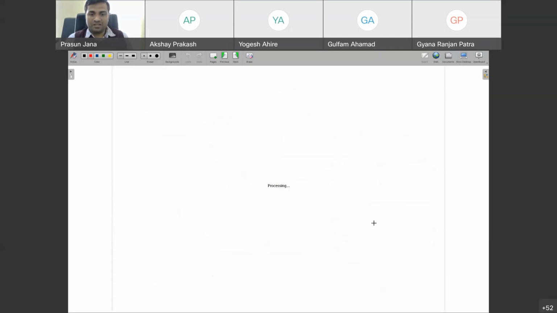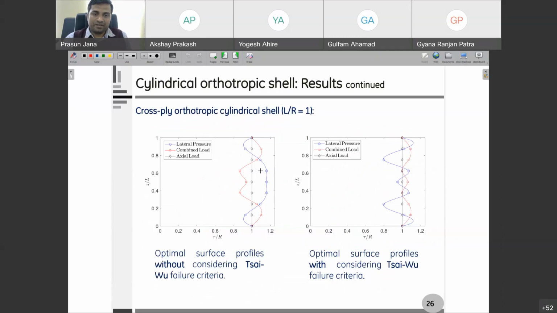So this is one, and then this is the shape of the surface profile. When it is axial load, you can see this is the perfect cylinder, and for lateral pressure and combined load, it is having some surface. We have seen that when we have combined load, then it is like the pressure with some axial load added.